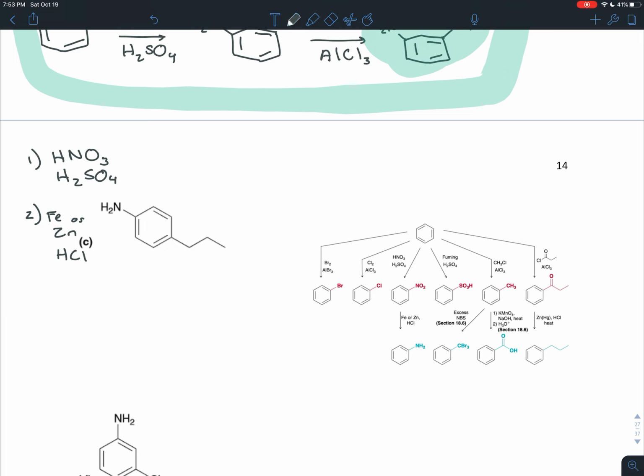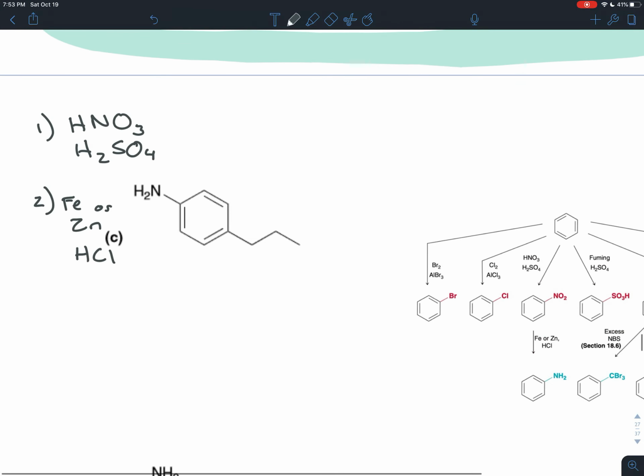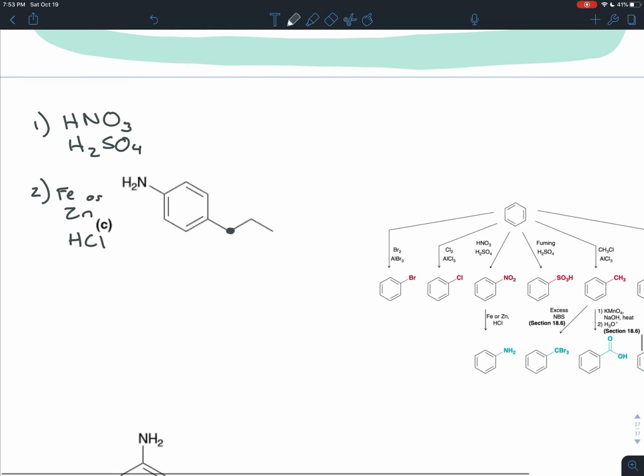But a really important and kind of sneaky thing that you'd have to notice here is that this carbon is primary. Well, in this particular reaction, it's secondary, but let's think back to the reagent we would have to use in a Friedel-Crafts reaction.